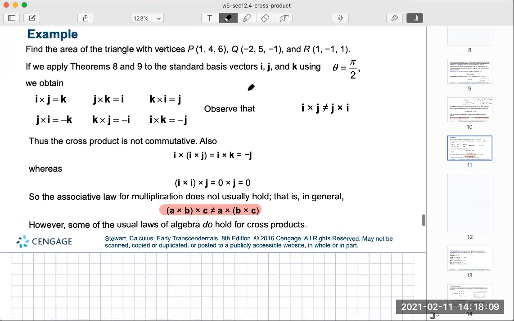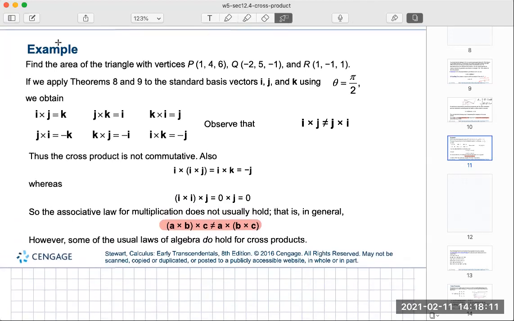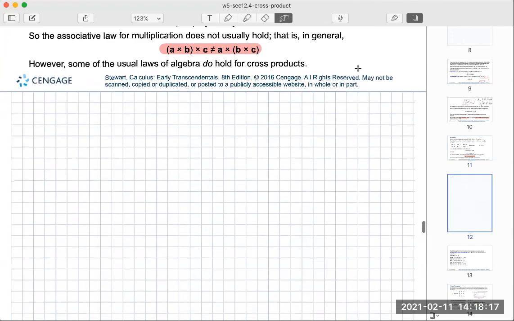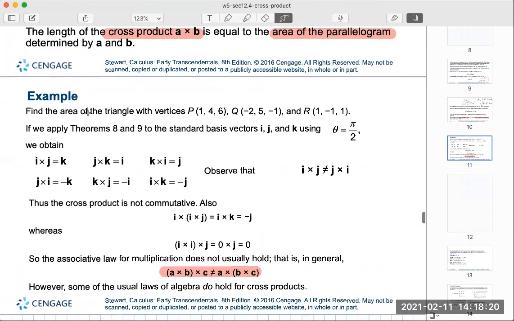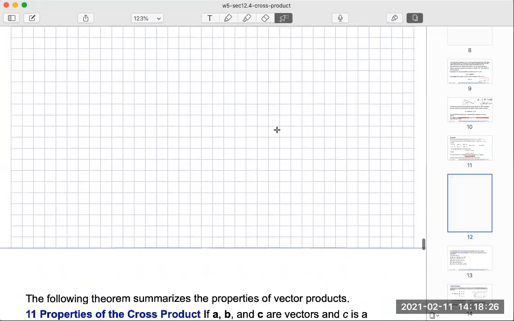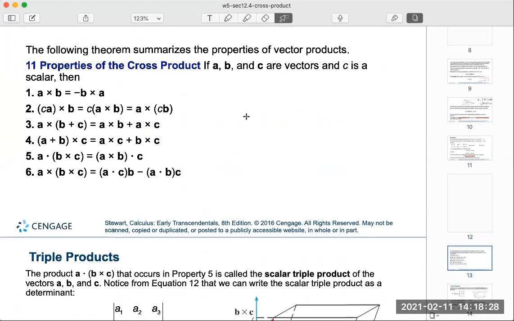So now let us do this example. I think you can do it at home. Next time we'll continue. Let us go quickly about this. Okay. These are some properties of the cross product.